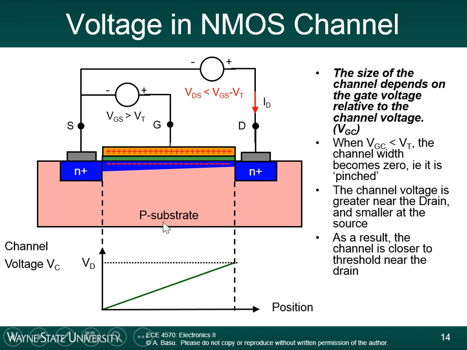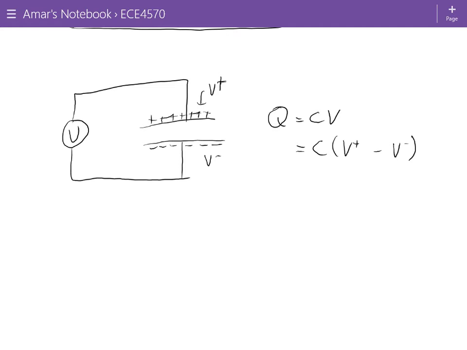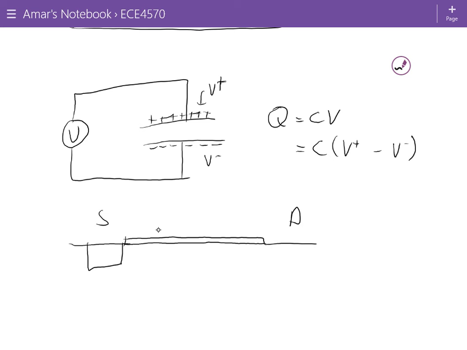But looking at this problem in a MOSFET, you have the dielectric material here, and this is the source, this is the drain, and then this is the gate. Now, whatever voltage you apply on the gate is connected to a metal here.